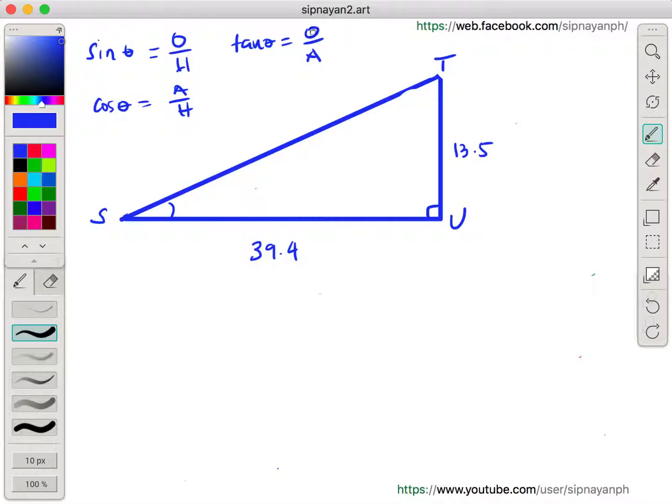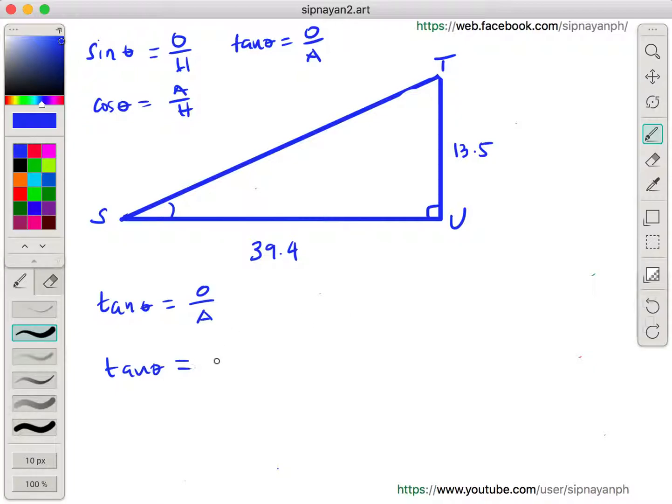Opposite and adjacent. So, tangent theta is opposite over adjacent, which is swak dito sa ating given. So, meaning we have tangent theta equals opposite over adjacent, which means that tangent theta is equal to, what is the opposite side?